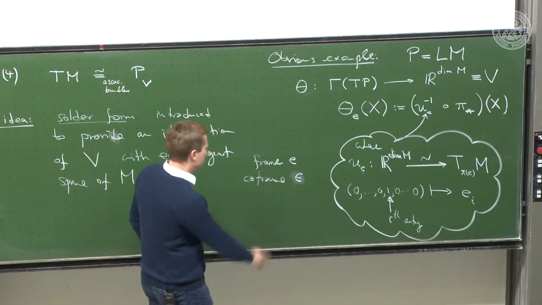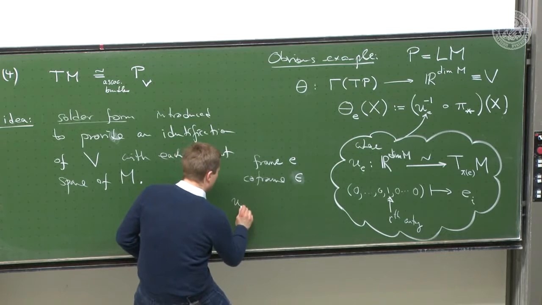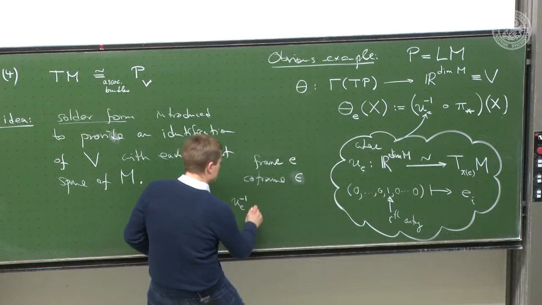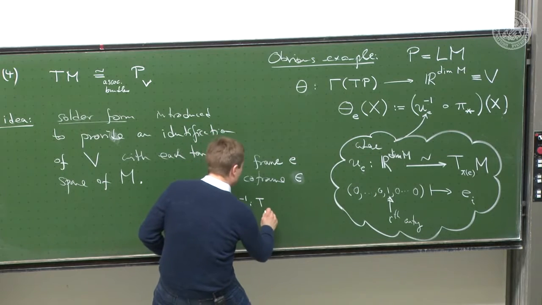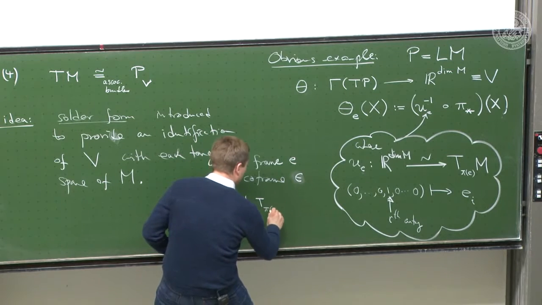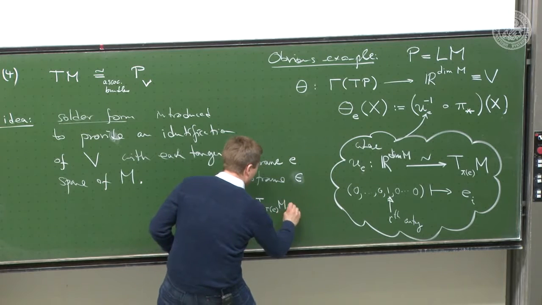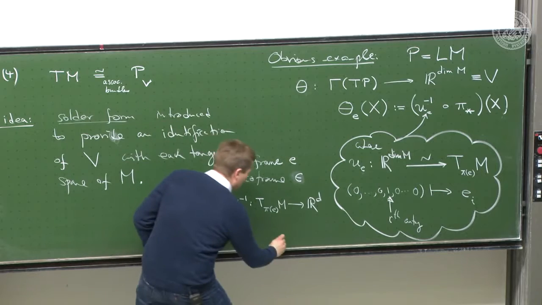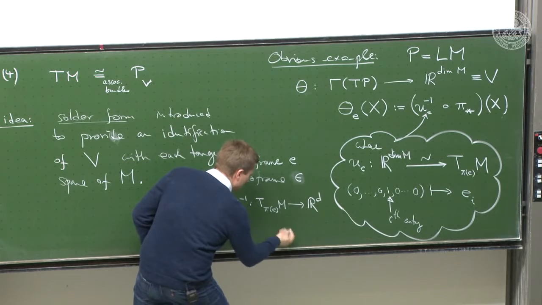Okay, and in fact, you'll see that the U_E inverse that is being used here is a map from T_pi(E) M to R^d. Well, what is that? It takes an arbitrary vector here.